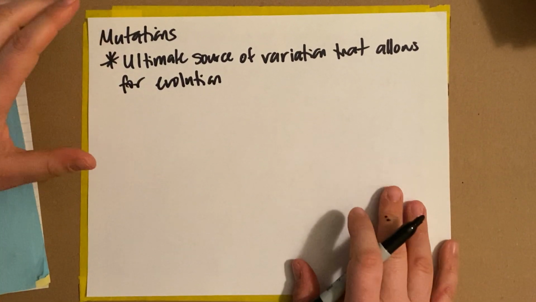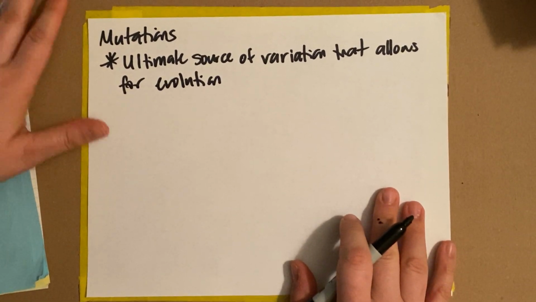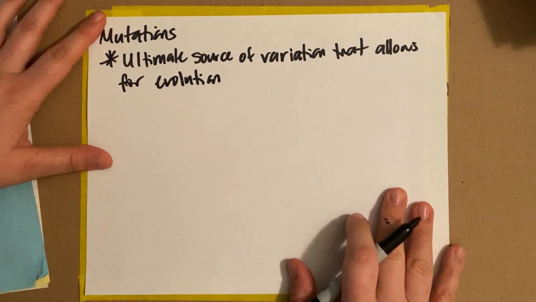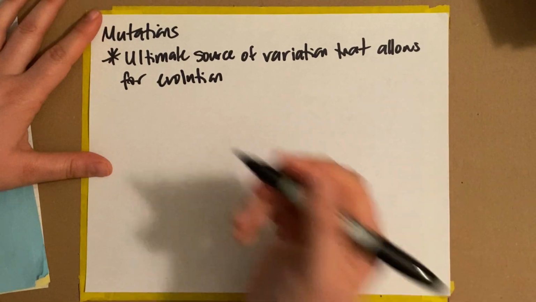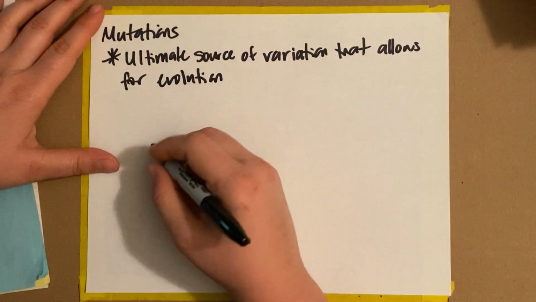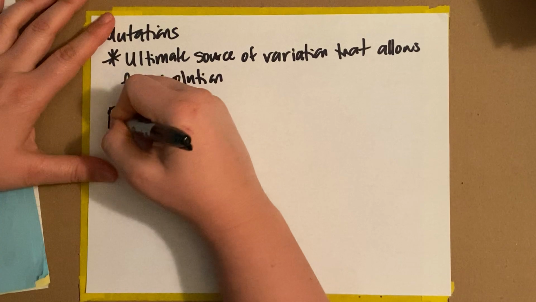We always think of mutations as being something that's very bad, and they can be horrible, but they're not always bad. Now an interesting thing is that mutations are going to take place during replication.